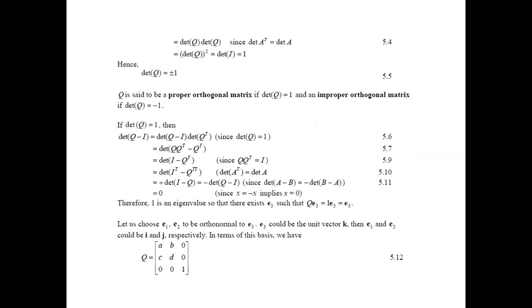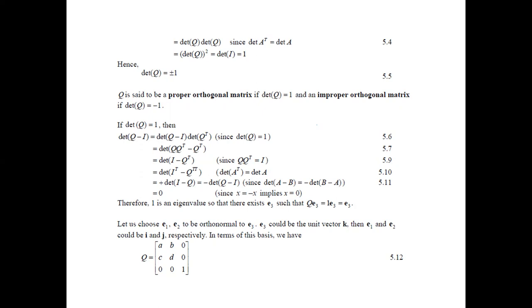And since we said Q transpose Q itself is the identity matrix, that means the determinant of Q all squared is the determinant of I, which is equal to 1. The determinant of an identity matrix is 1. Hence, the determinant of Q is plus or minus 1. We take the square root of that expression. Q is said to be a proper orthogonal matrix if the determinant of Q is 1, and an improper orthogonal matrix if the determinant of Q is minus 1.